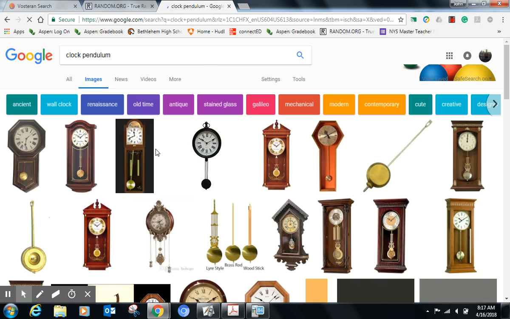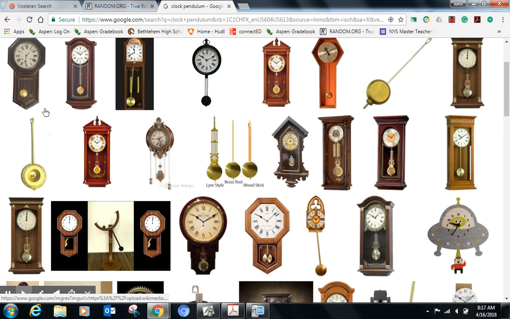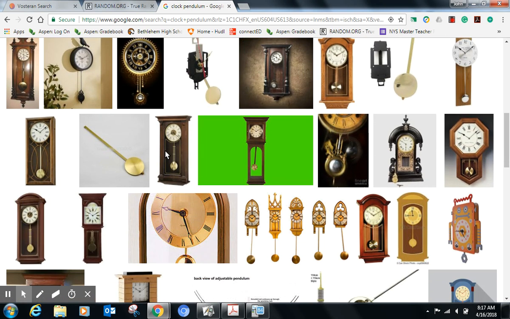There's your pendulum. Big grandfather clocks probably have them. Everybody good? Pendulum? Great. Little outside info for you.